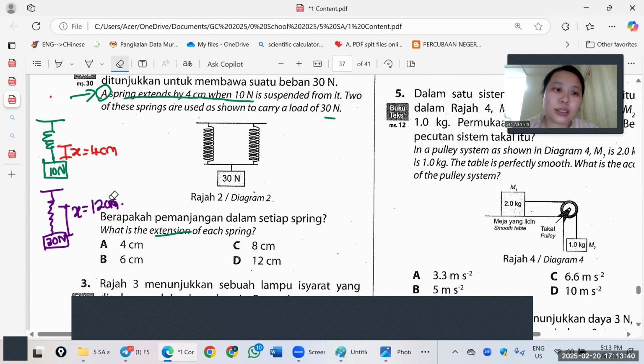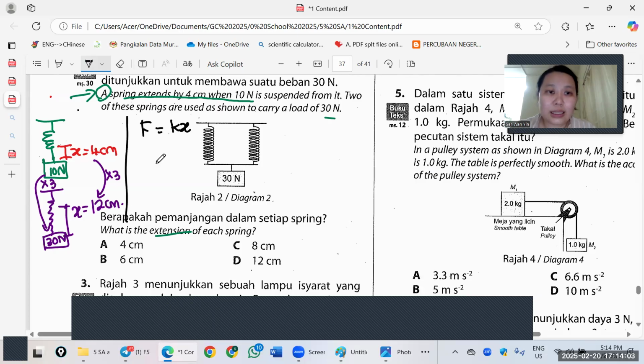Or you can use the formula. You can use the proportional method: 10 Newton for 4 cm, so 30 Newton is times 3. Or you can use your formula F equals Kx.